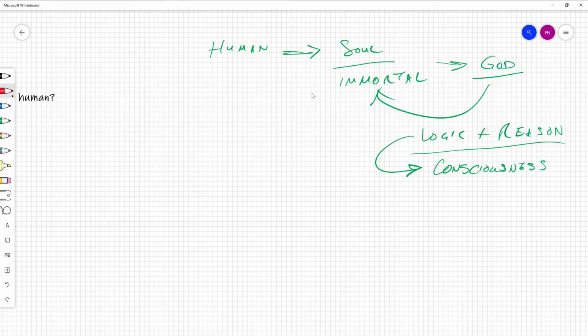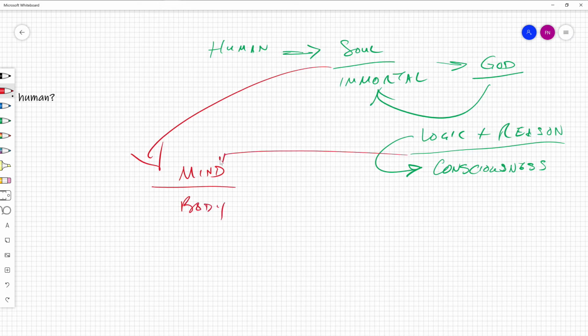As you'll see when we talk about René Descartes, this gave rise to the mind-body problem, where in some shape or form, consciousness, which is now equated with the soul, is identical with the human mind. And the question embodied in the mind-body problem is, what is the relationship between the mind and the body?